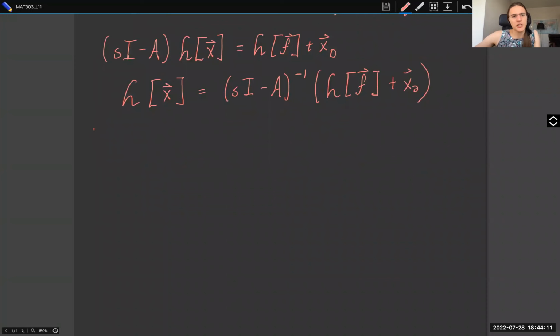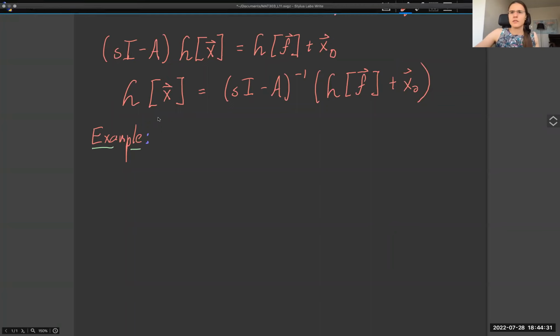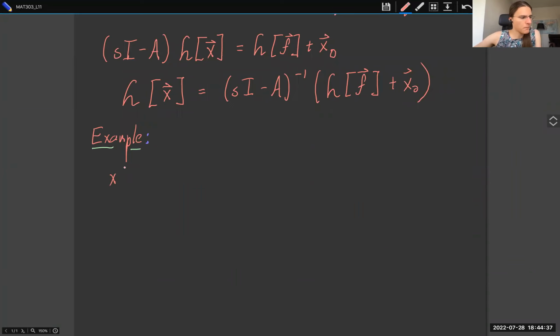So here's an example that I'm not actually going to solve in full. Suppose we have something like x prime is equal to minus 3x plus 4y plus sine t, and y prime is equal to minus 2x plus 3y plus t.